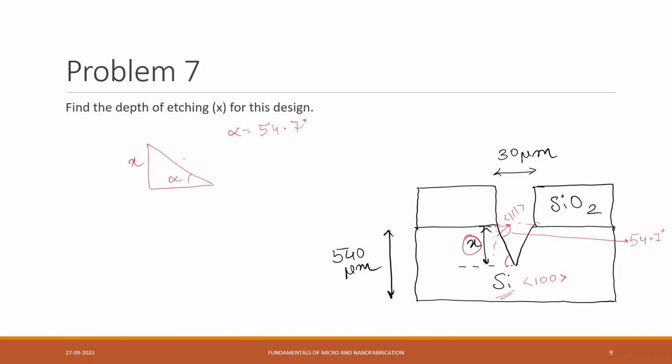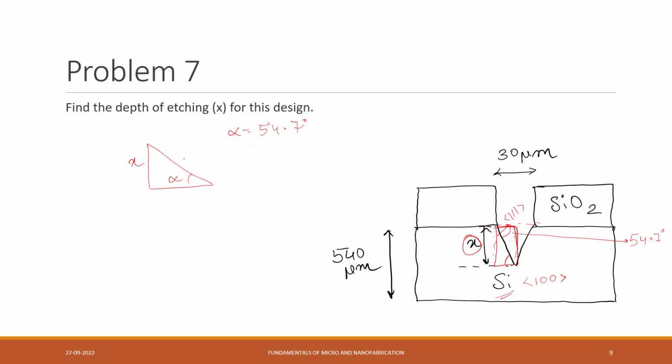And this is x. So let's do it like this.